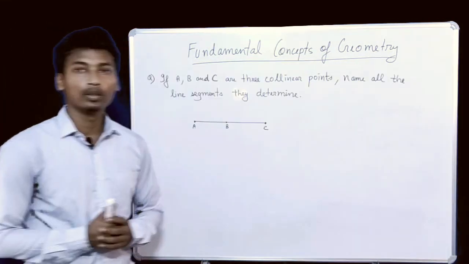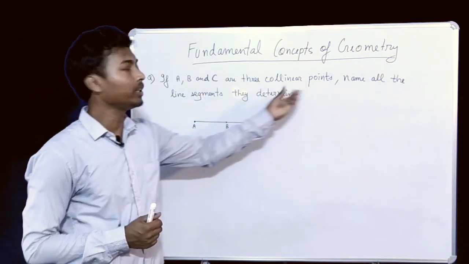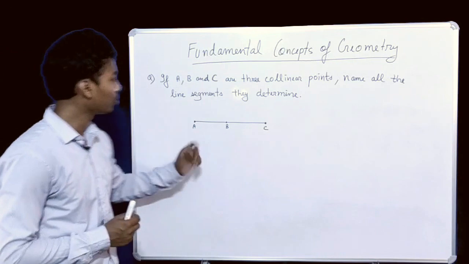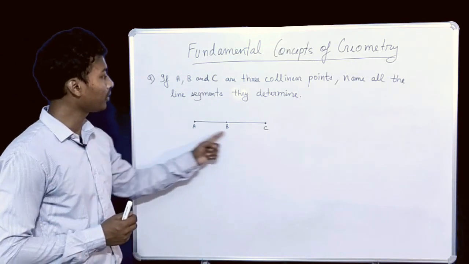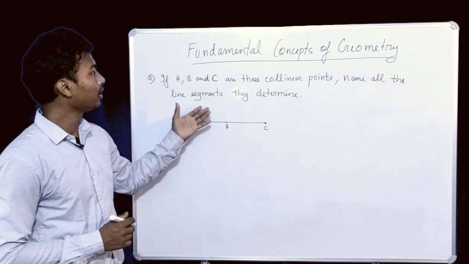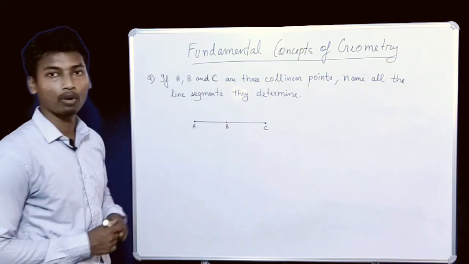Clear? Let's take another question. If A, B and C are 3 collinear points, name all the line segments they determine. So here 3 points A, B and C are collinear. Now they are asking name all the line segments they determine. Means how many line segments do they form.